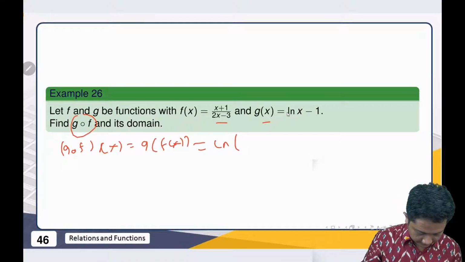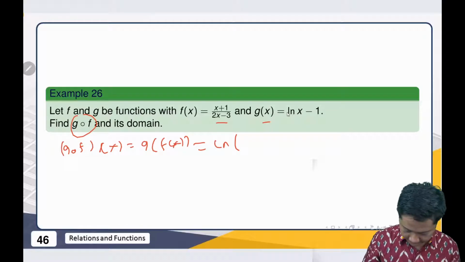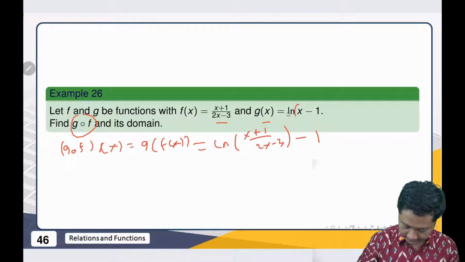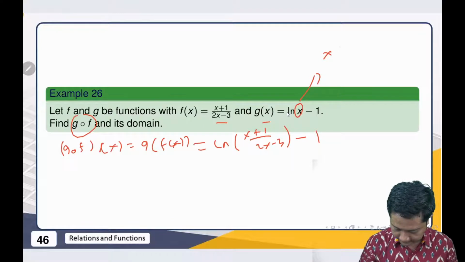What we have here is g∘f. So ln from (x plus 1) over (2x minus 3), correct? Minus 1. So we substitute this x to here. (x plus 1) over (2x minus 3).